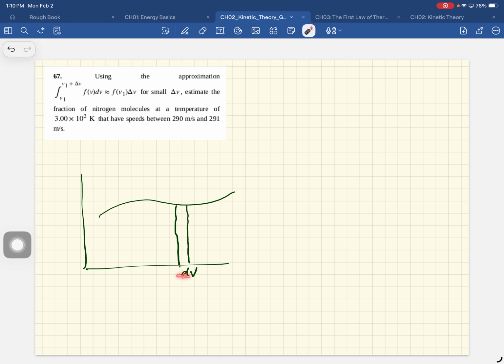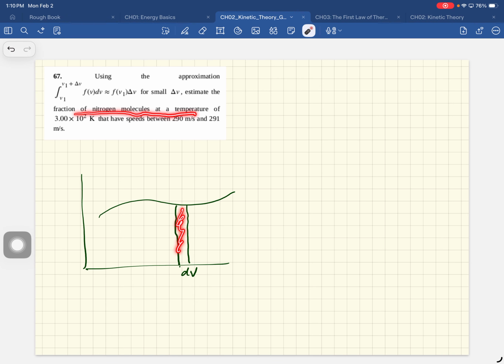That's easier to calculate. They want you to estimate the fraction of nitrogen molecules. So this is the total number of molecules, and this is the number within that speed. You divide, and that will give you the fraction.